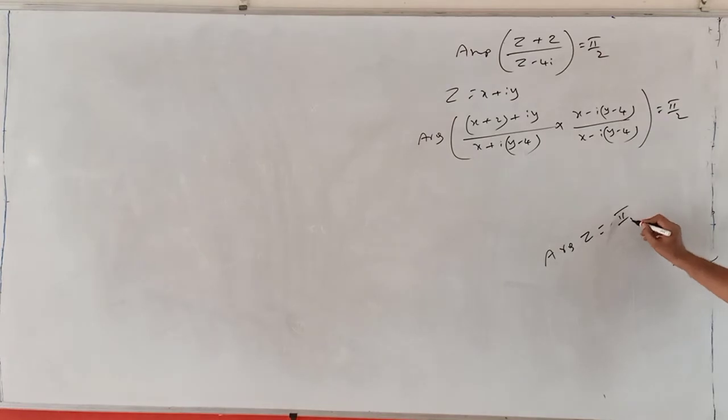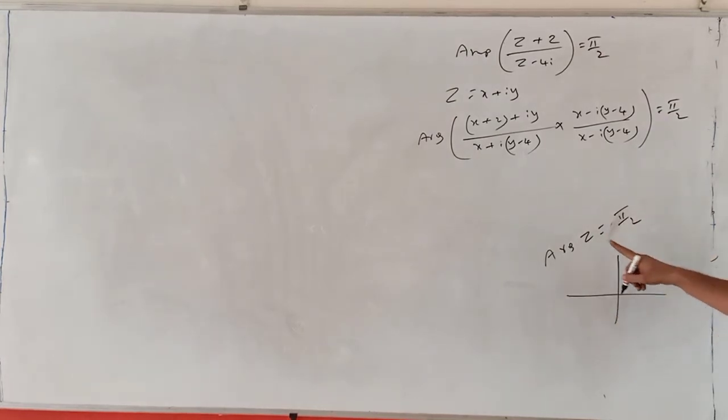Argument of z is 90 degrees means what about z? That point must lie on the positive y-axis. What are the conditions of a point on the positive y-axis? The x coordinate is 0 and the y coordinate is positive.